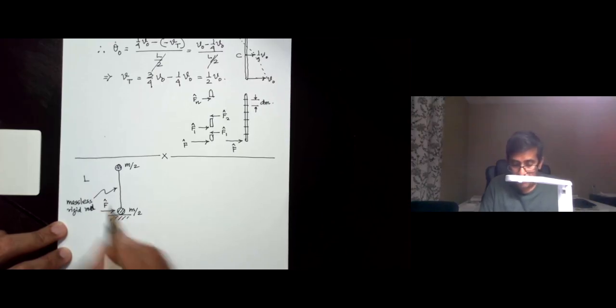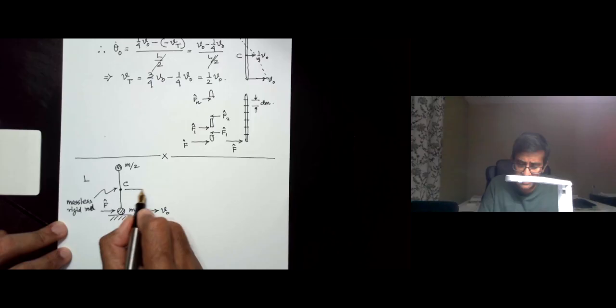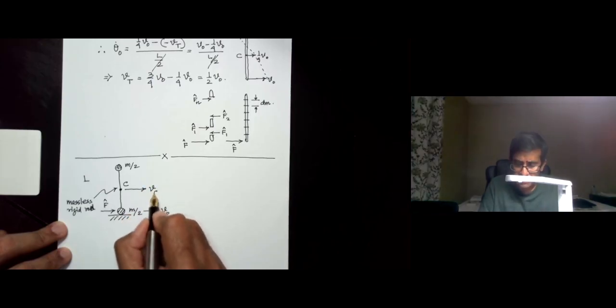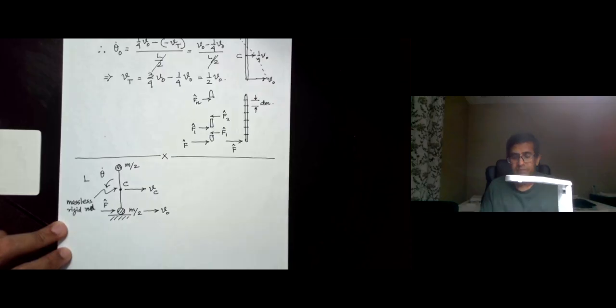Let's say this is the ground, and we apply an impulse at the ground and it produces an instantaneous velocity v0 of the bottom mass. So same thing happening. The difference is that the mass is now lumped at the two extreme endpoints. The center of mass is still at L over 2, and so let's say it produces a velocity vc and it produces an angular velocity theta dot.